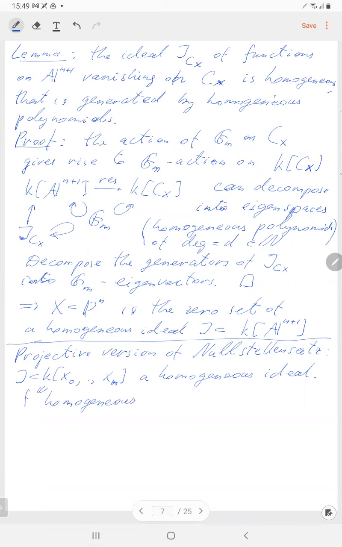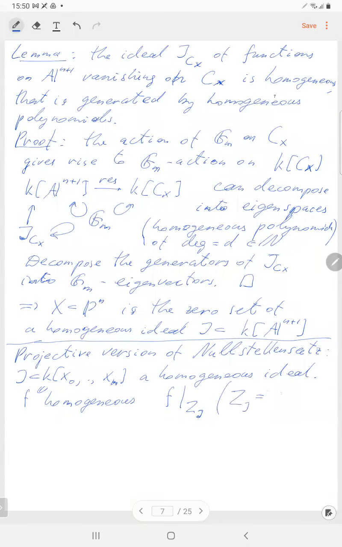And suppose that f vanishes on the zero set of this ideal.